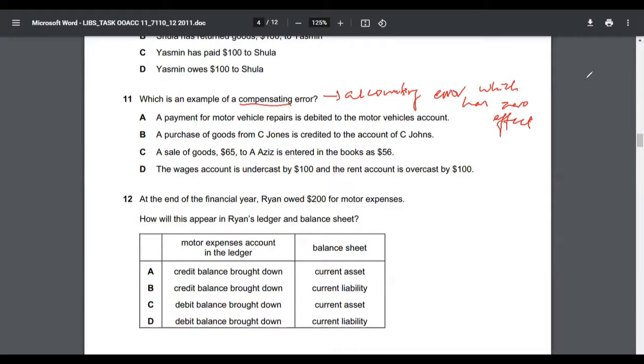What I mean by zero effect is that it sets off. So a debit would have an equal credit. The error would have an equal debit and credit.